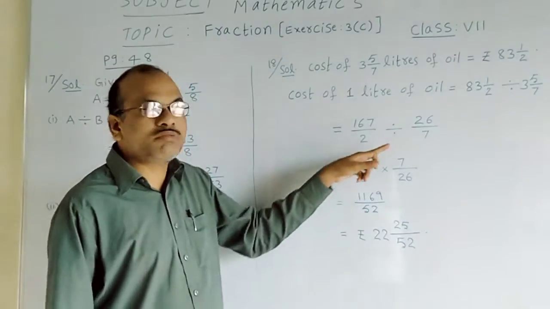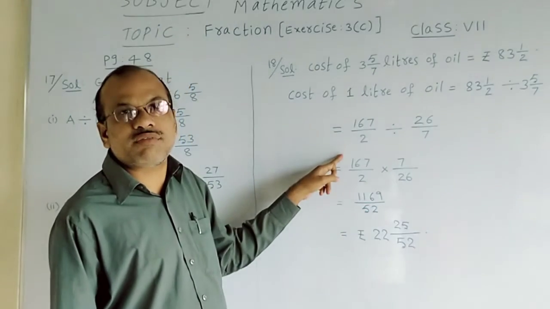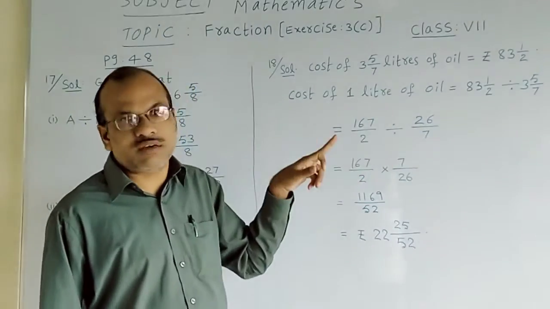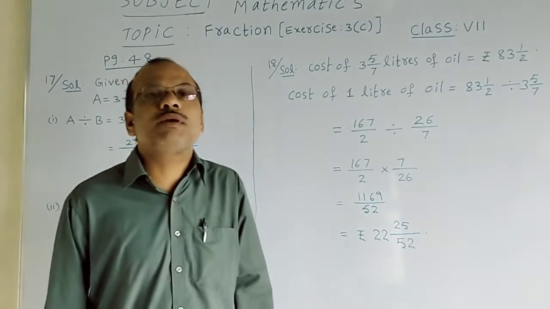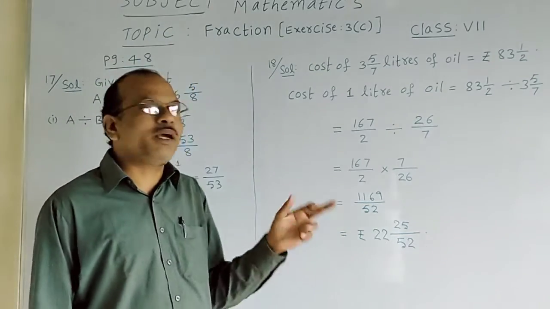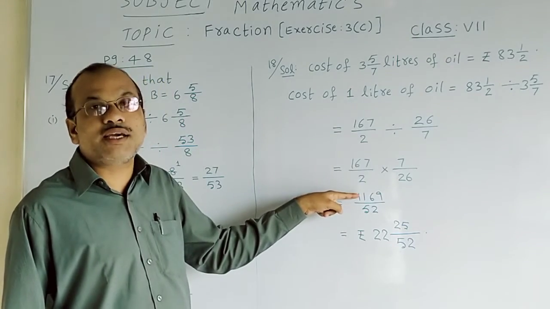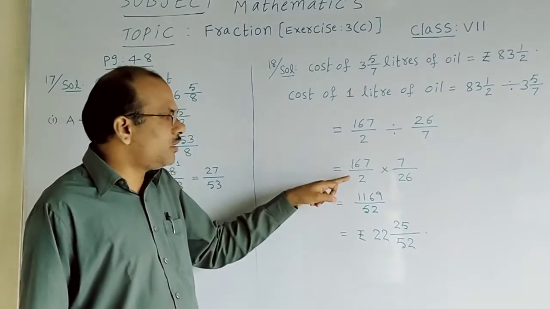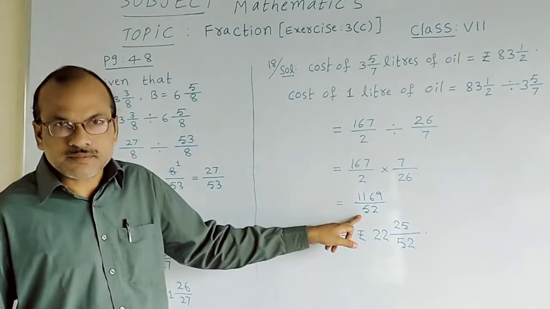Now no chance of cancellation of any number. 2 will not go in 167, 2 will not go in 7. Same way 26 will not go with the numbers shown in the numerator. So we have to multiply numerator with numerator. We have got 1169 by denominator into denominator, the result is 52.